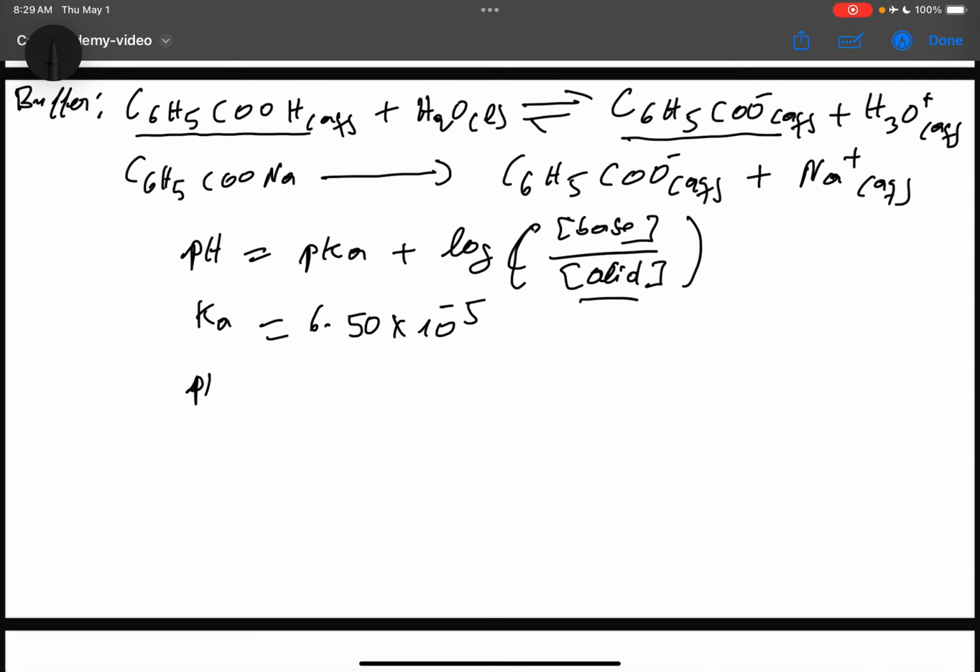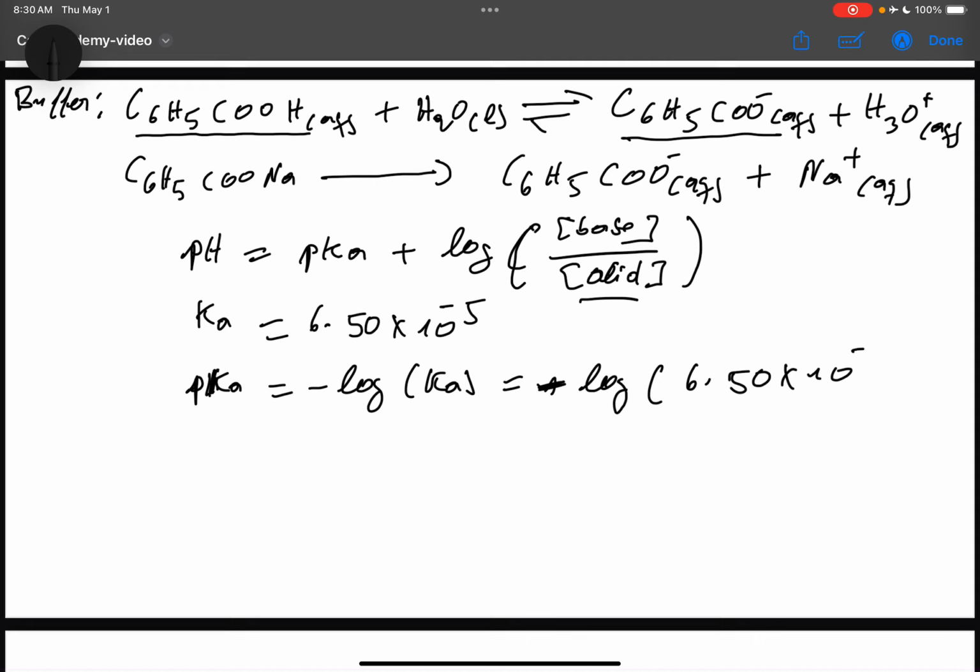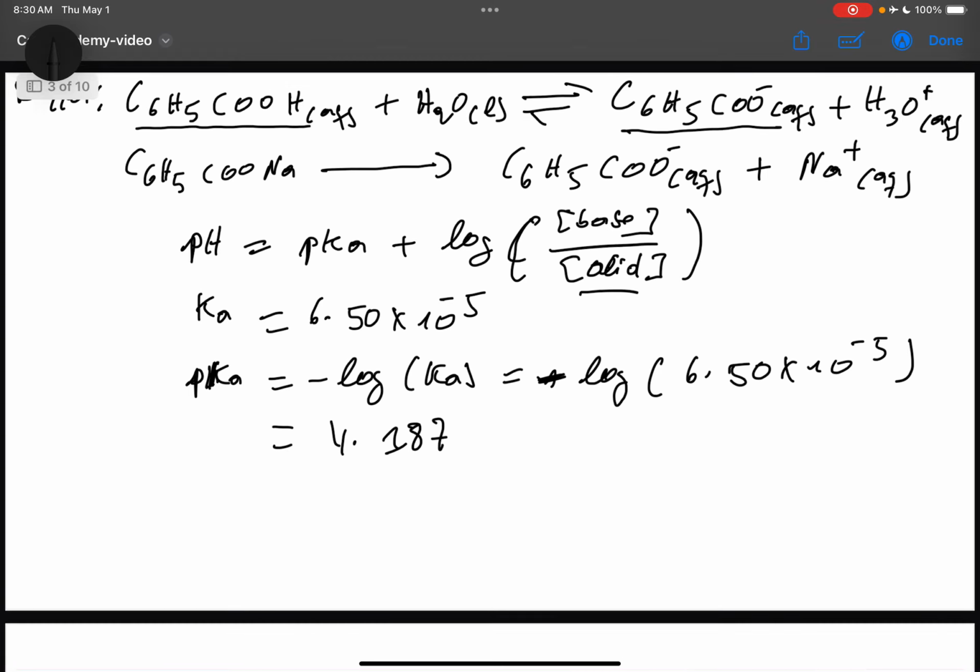And the pKa equals minus log of Ka, which is minus log of 6.15 times 10 to the power minus 5, which is equal to 4.187.